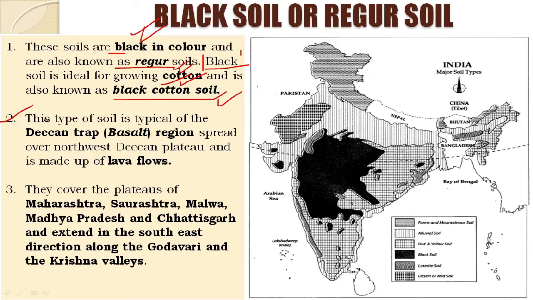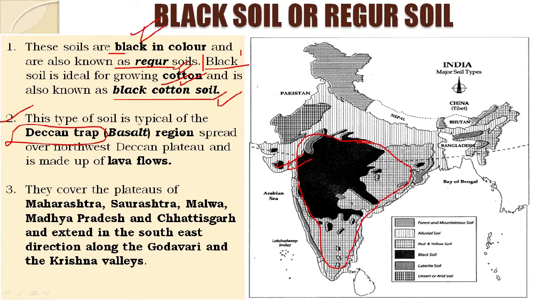In the second point, we see the type of soil is typical of the Deccan Trap. Now what is the Deccan Trap? I think this chapter will also make you revise chapter 2, Physical Features of India, from class 9. Here is the region of the Deccan Plateau, and the lavas which were trapped in the formation of this peninsular plateau region form what is known as the Deccan Trap. Why trap?